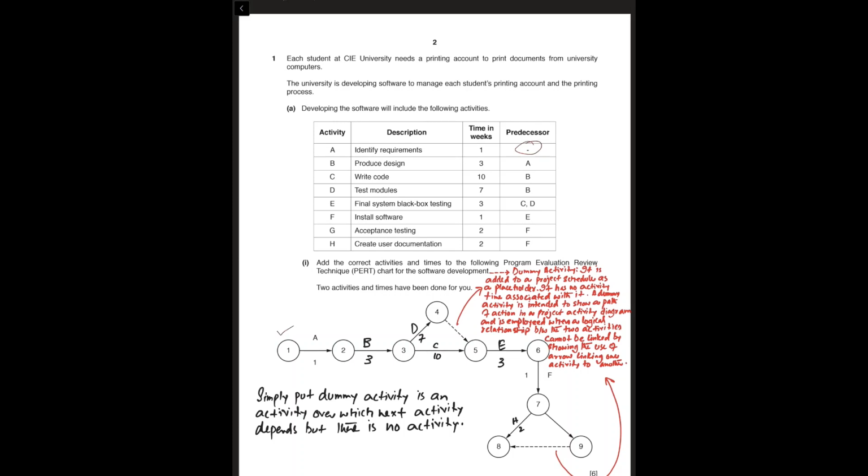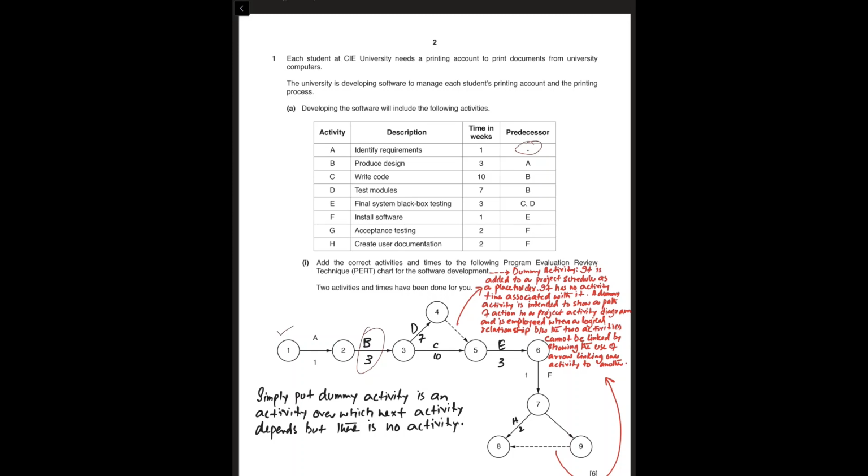So B starts after A, and B is of 3 weeks, and then we have got activity C and D. They both have the same predecessor, that is B, and D and C are on the next nodes. So C is starting afterwards B, and then D is also.